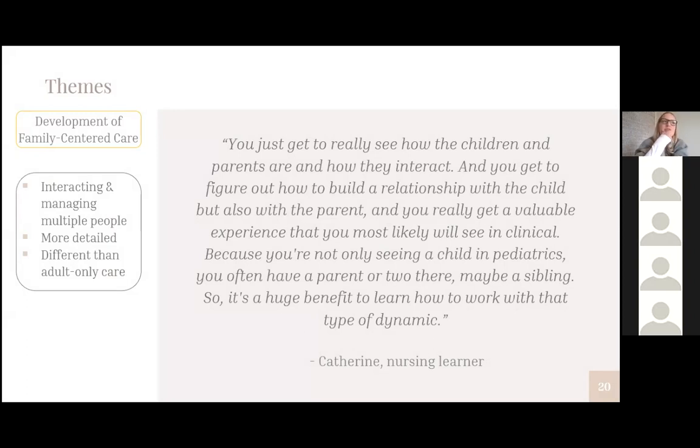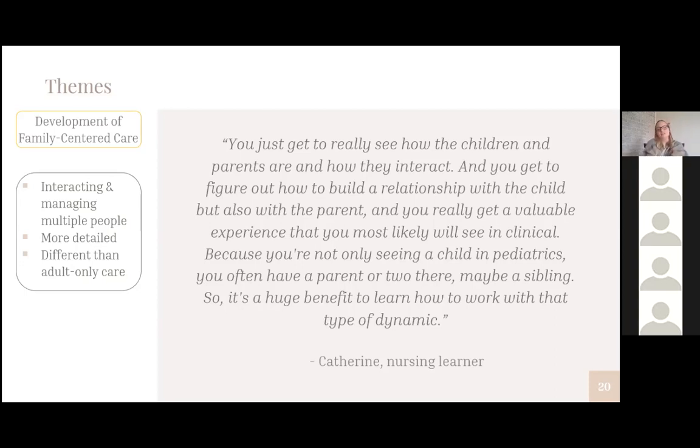So some of the medical learners identified specifically that they were taught a patient-centered care approach, and that didn't quite work for pediatrics, because often there's multiple people in the room who have parents, siblings, sometimes grandparents, sometimes just a babysitter or caregiver, as well as the patient themselves.